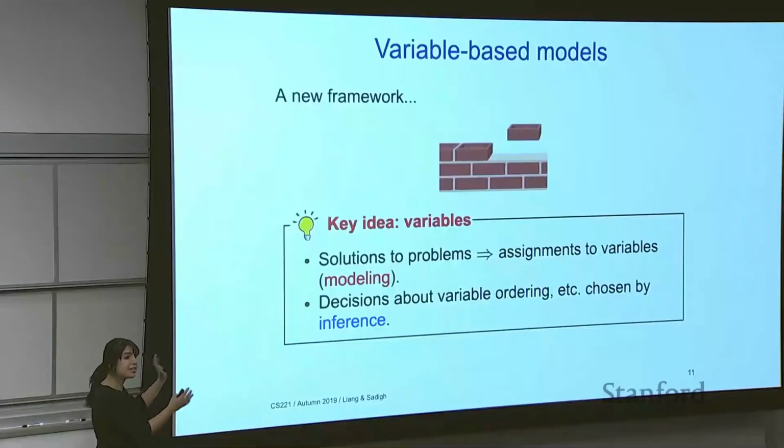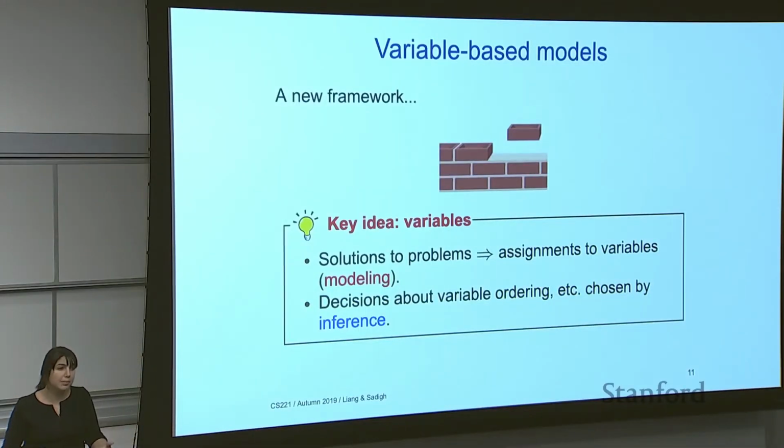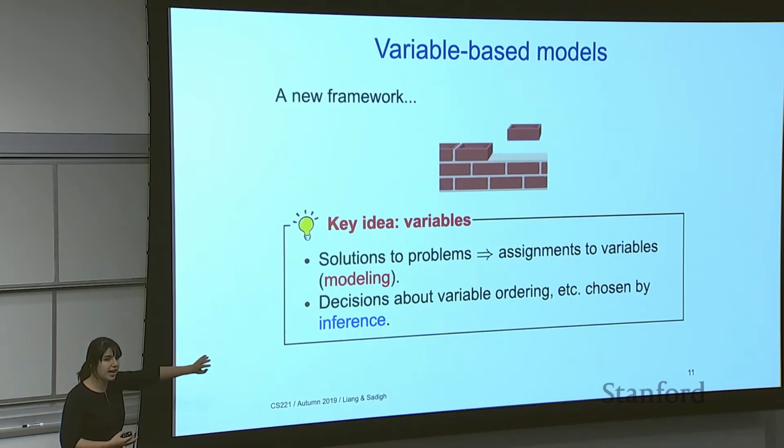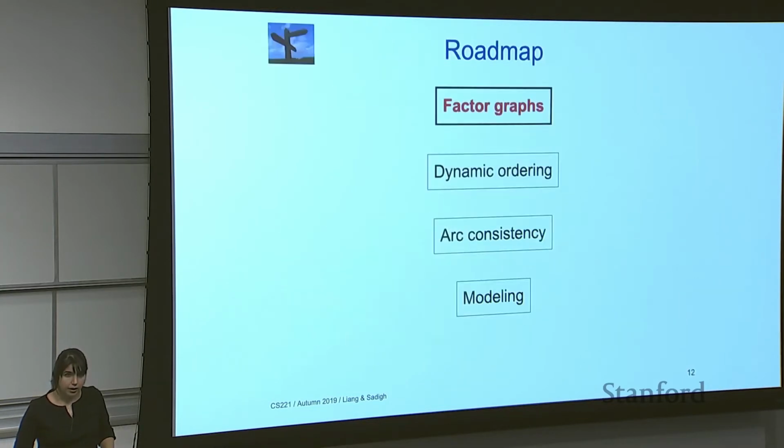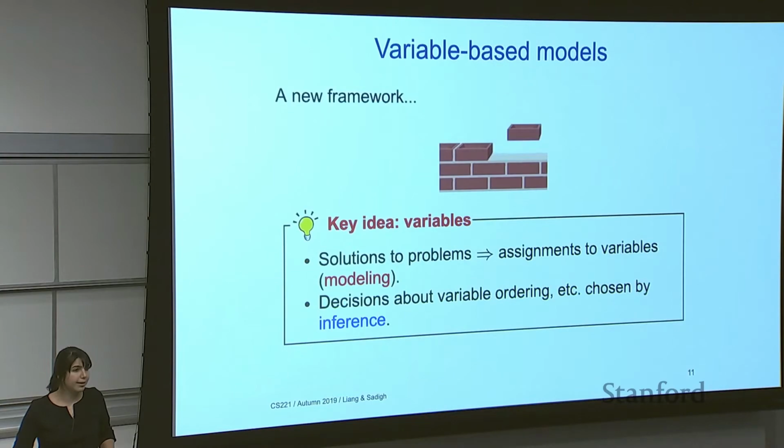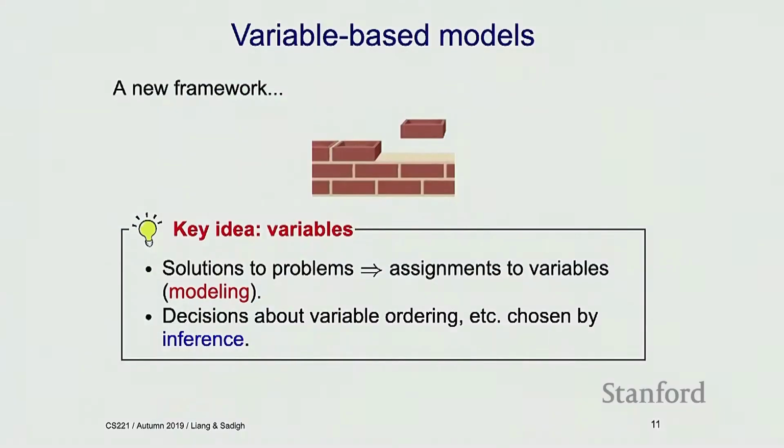And when we're using variable-based models, it's moving the level of abstraction a little bit higher. It's like programming in Python. Sure, you can do the exact same thing in C too, but now you have this higher level of abstraction to think about problems, and that makes your model much simpler. And the order of things can become the problem of inference. Everyone happy with why we want to do variable-based modeling?